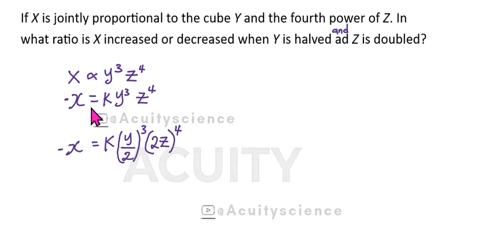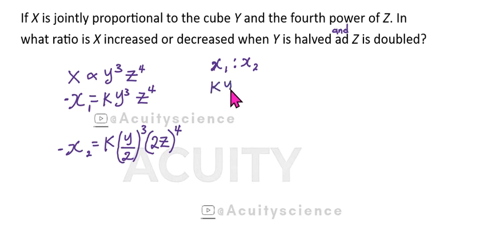If I put a 1 here, it becomes x1 to x2. Now we'll just divide this by this and see how much we can cancel.